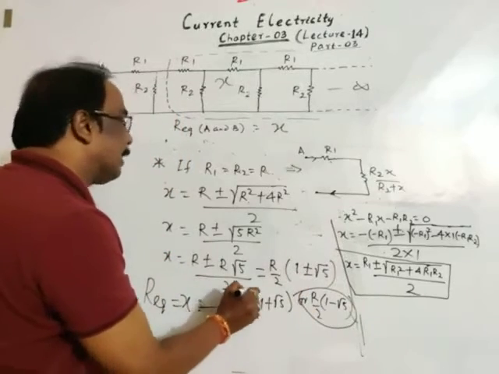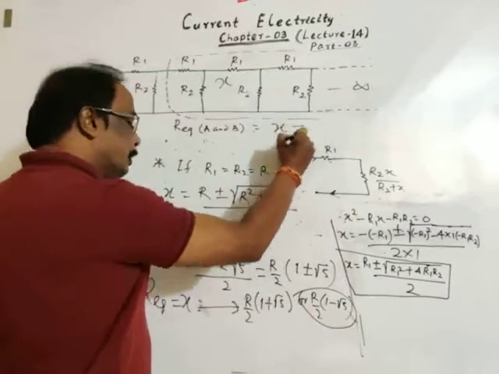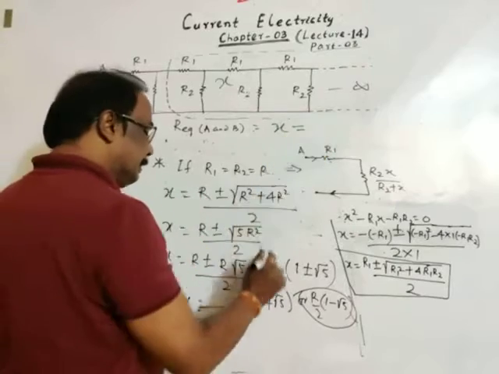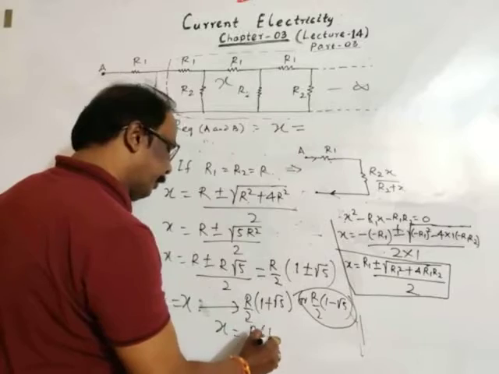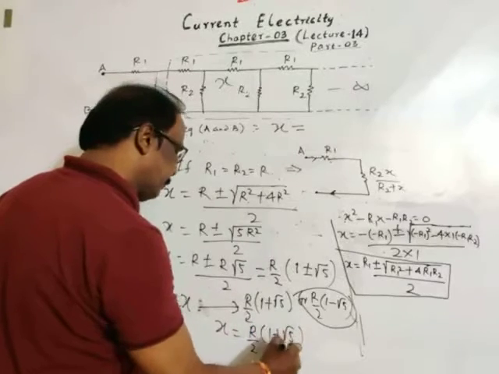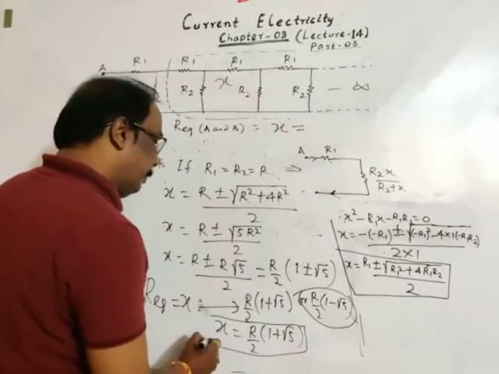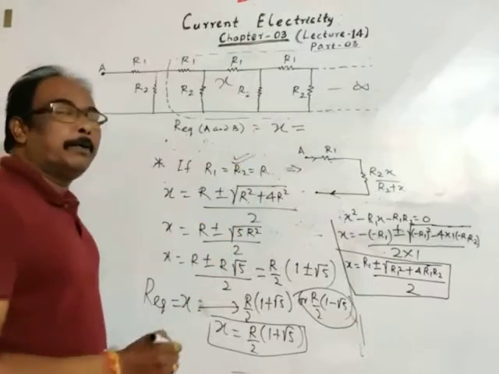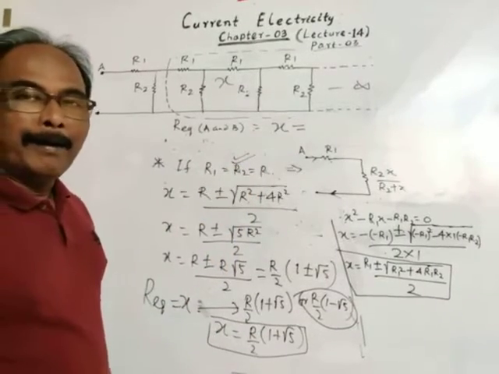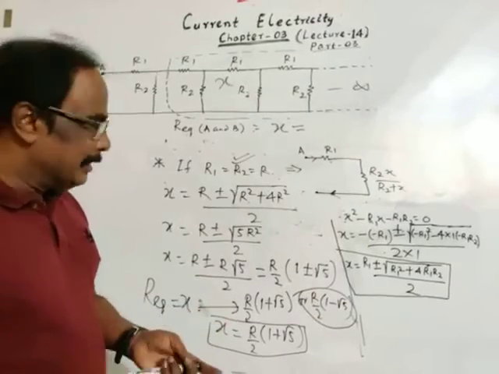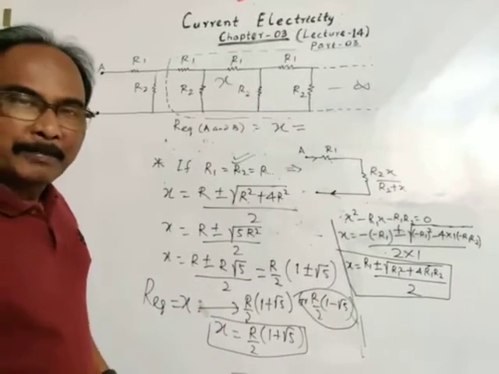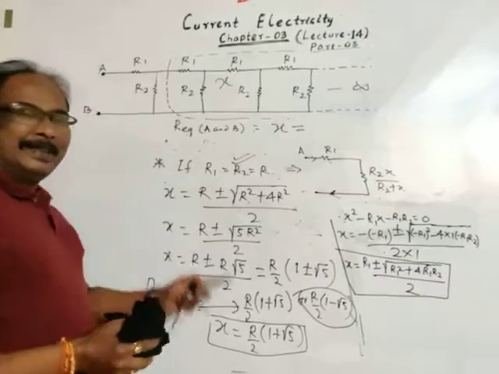So our final answer is X is equal to R by 2 into 1 plus root 5. If R1 is equal to R2 is equal to R, then this will be our answer. Okay. Then some other possibilities. Is it completed? Okay. Fine.